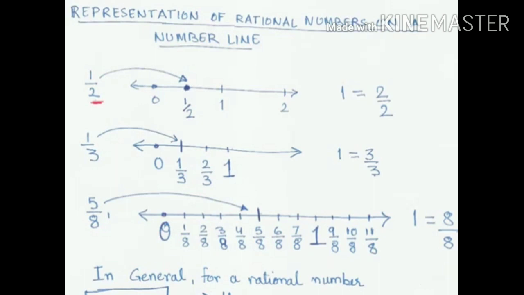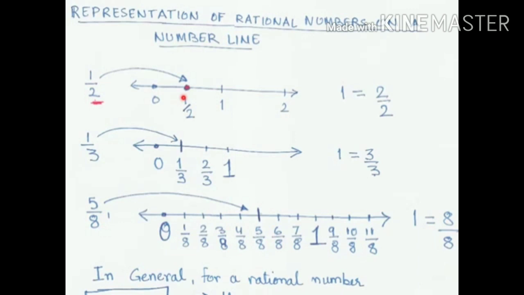In this case, this midpoint that is shown over here represents the one part out of these two parts into which one has been divided, and therefore this point here just shows 1/2. So this is how we represent 1/2 on a number line.